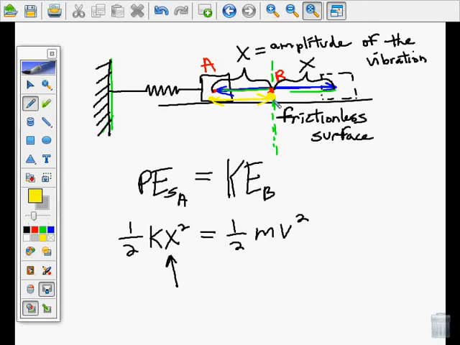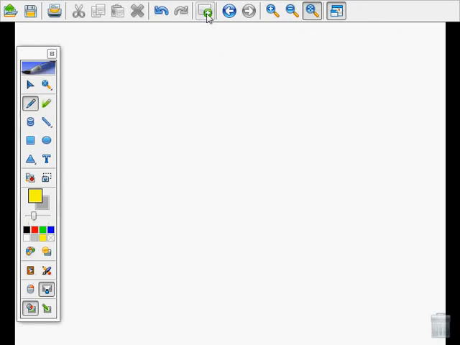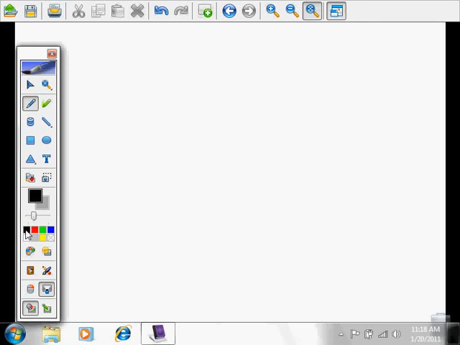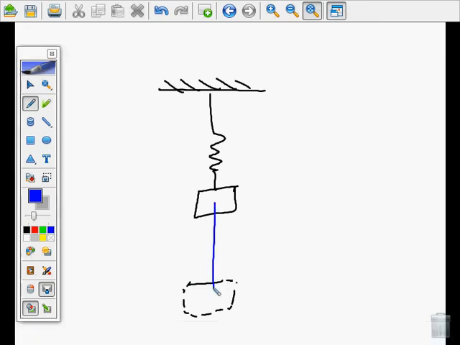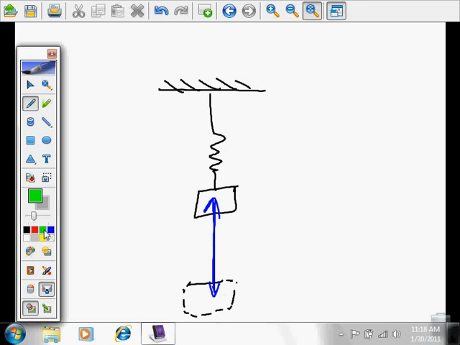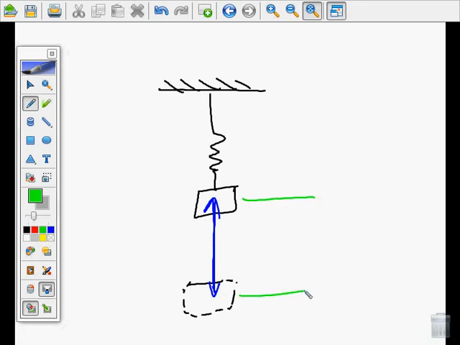So you have to be a little bit careful because, if you were shown this right here, and let's say you were told that this thing is vibrating back and forth, and that this distance from here to here was 20 centimeters.